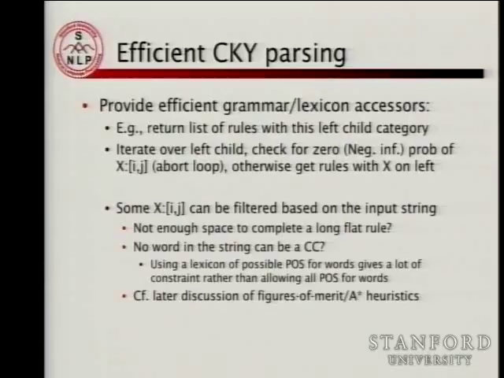Another thing that you want to do to make it efficient and fast is you want to make sure you check for zeros. So if things have zero probability, lots of things will be impossible over a span, and if they're impossible over a span, in probability terms, they're zero. Or if you're working in log probabilities, which makes it a lot faster, then you can represent that as a negative infinity log probability.